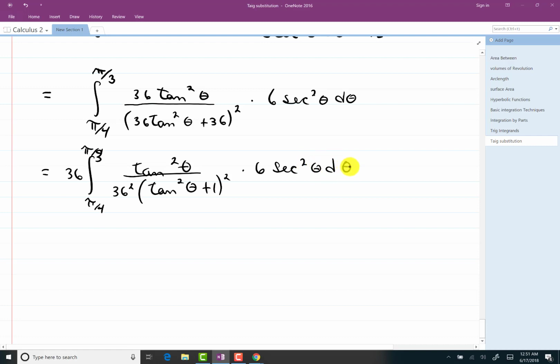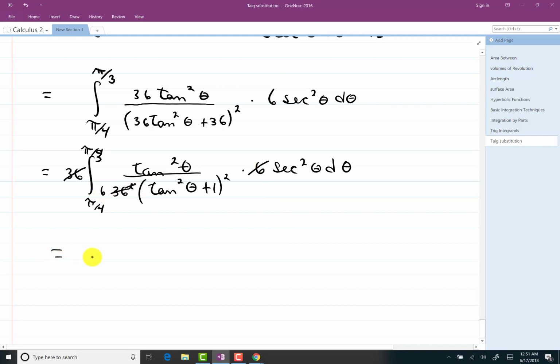There's a ton of canceling that can happen here right now. What I'm going to do first of all is I'm going to take out a 36 here with that one. And then I've still got this 6, so I'm going to cancel that into there.